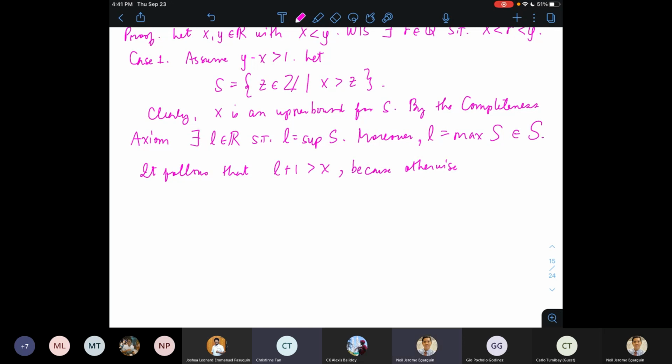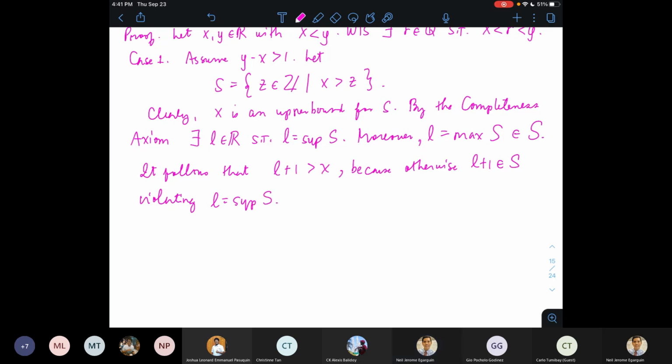Yep, great. Thank you, Christine. That's exactly correct. So here, because otherwise, L plus 1 will be a member of S, violating the fact of L being the supremum of S.